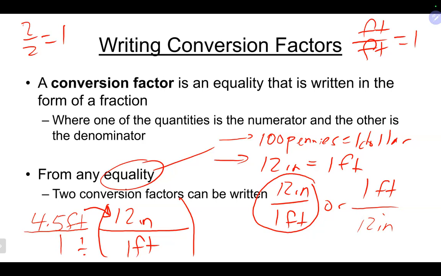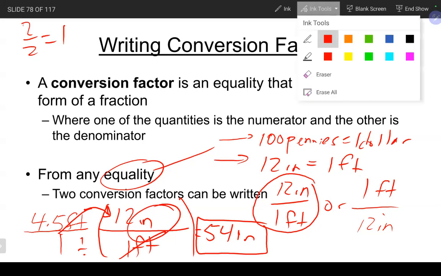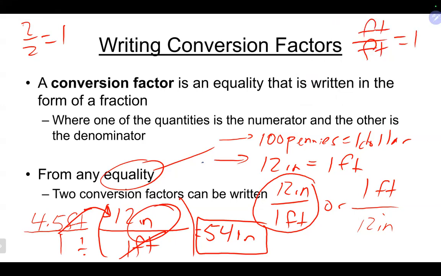So in this particular case, we would multiply 4.5 times 12 gives us 54 inches. Once again, the feet will cancel, leaving you just inches up on top. In terms of significant figures, this 12 here would be considered an exact number, so we would not look at it, which means the only number that we have is the 4.5, which has 2 significant figures.